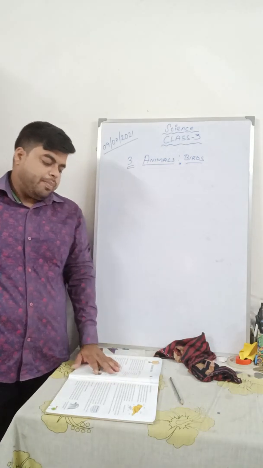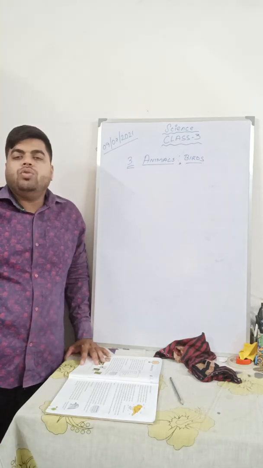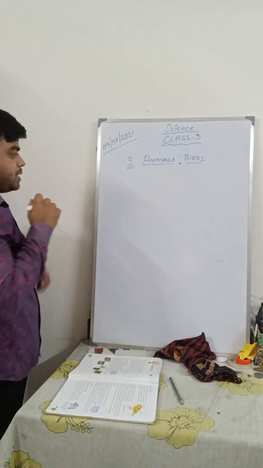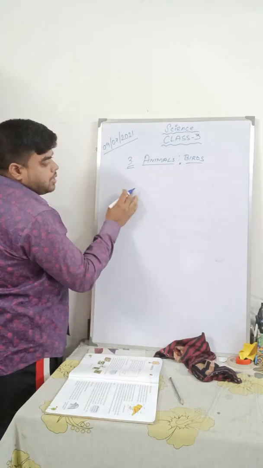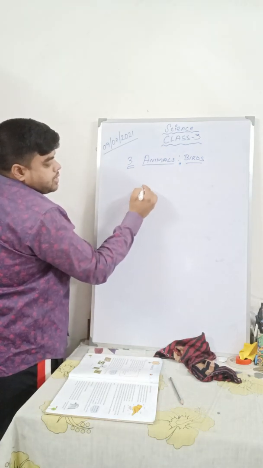Let us see. A bird has a streamlined body that helps it to fly. What do you mean by streamlined? Streamlined means narrow at the front and narrow at the back. Suppose this is a bird.